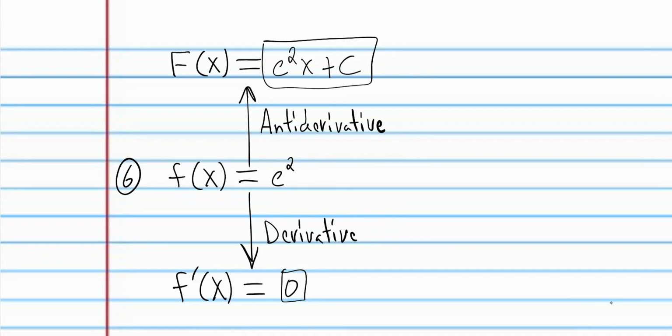So if we find the derivative of this, obviously the constant just goes to 0. And the derivative of this, it's like if you had 3x, the derivative would just be 3, right? So here we have e squared x, the derivative is just e squared. Okay, so I know that's kind of weird.